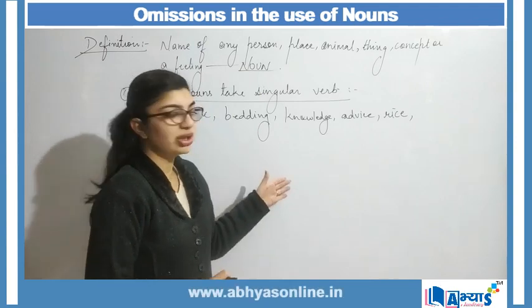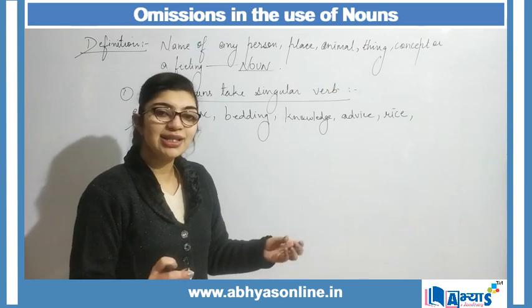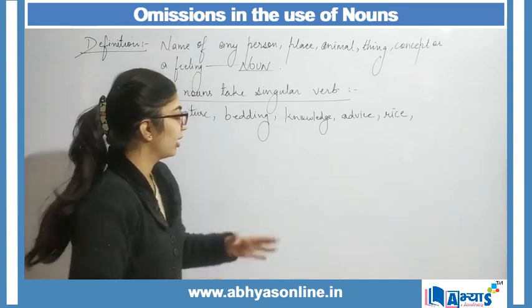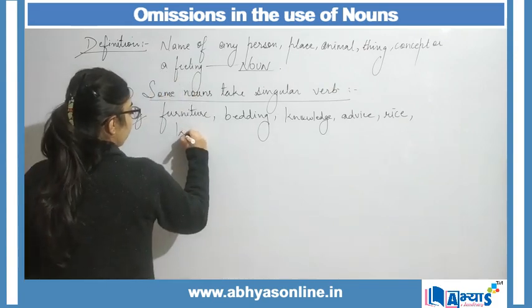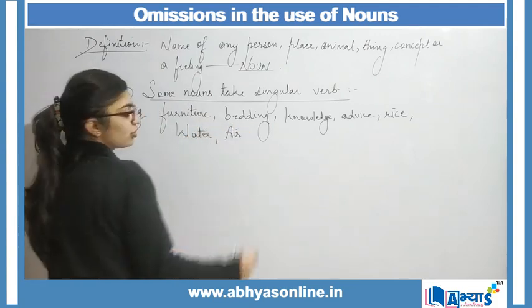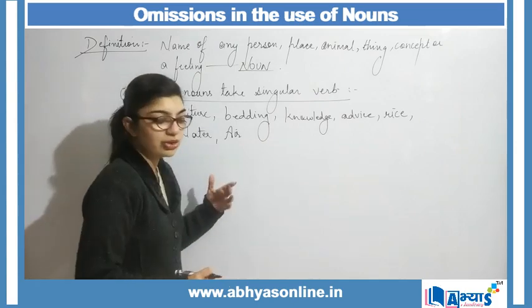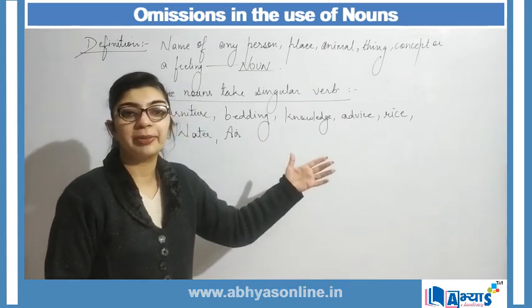Even if they are plural, we do not say rice are being made. Rice is being made, right? Water, air. Even if there is a lot of air, there is nothing like airs. Even if there is a lot of water, we do not say waters are coming.